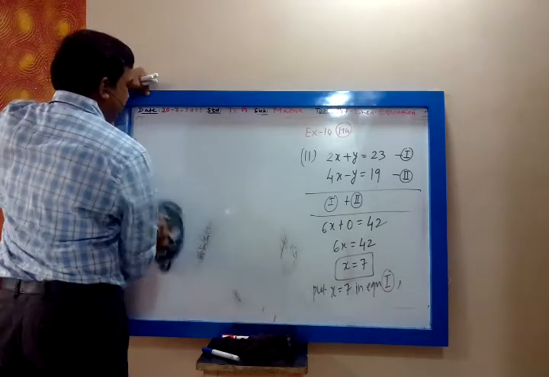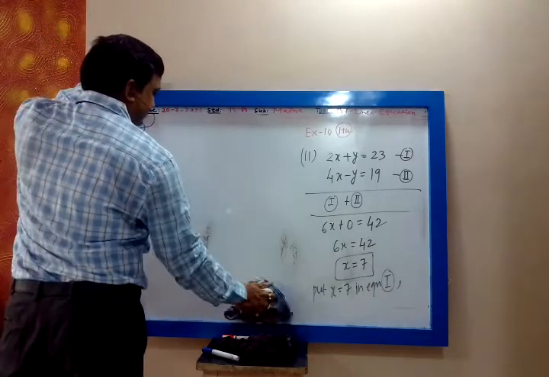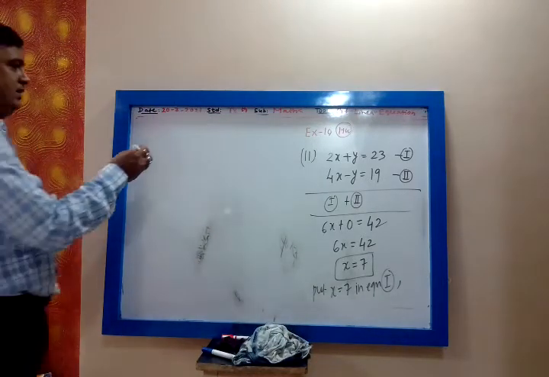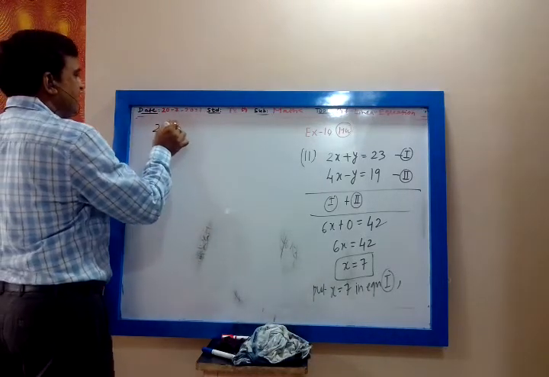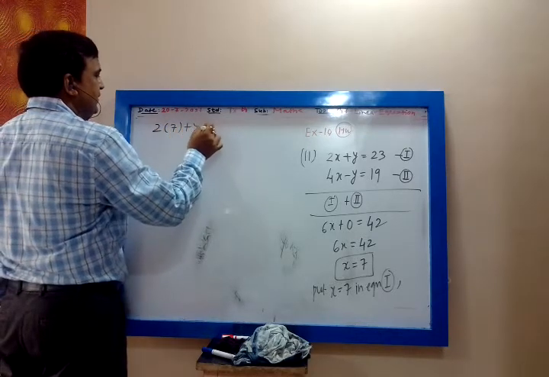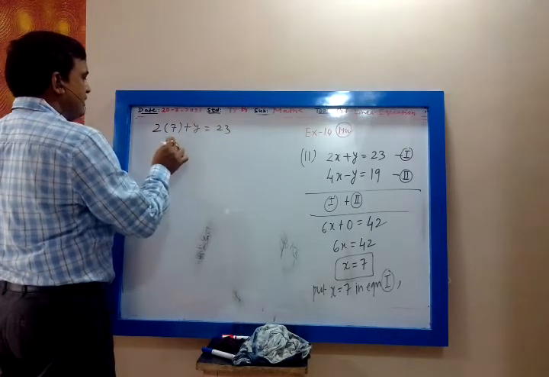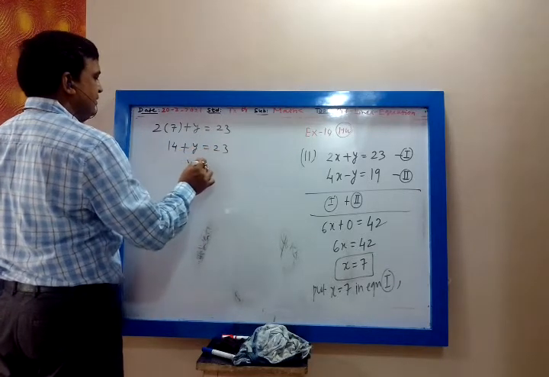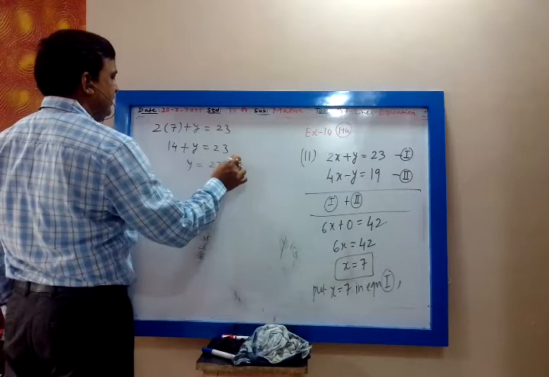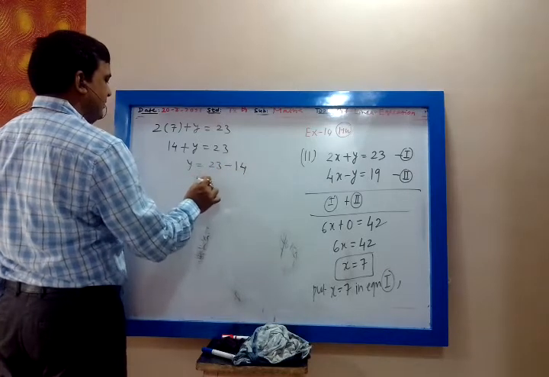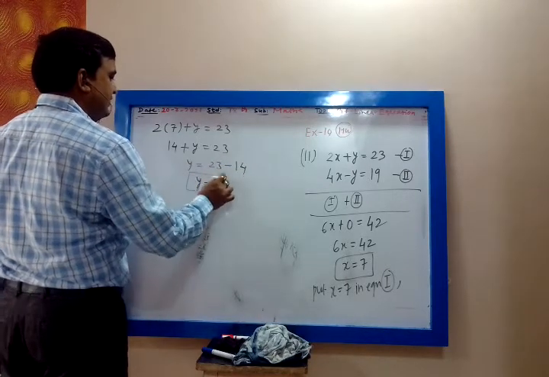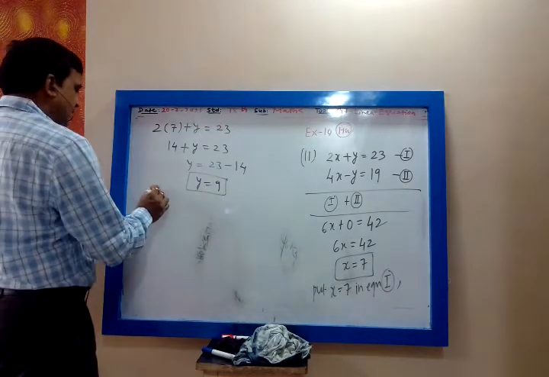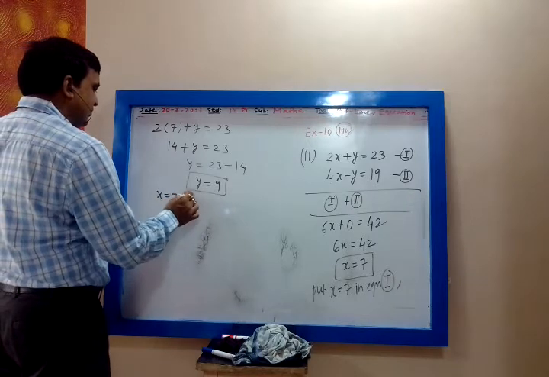And whenever you add, do not change the sign of the second equation. So put x is equal to 7. So 2 into 7 plus y is equal to 23. So 14 plus y is equal to 23. So y is equal to 23 minus 14, so y is equal to 9. So now we have x is equal to 7 and y is equal to 9.